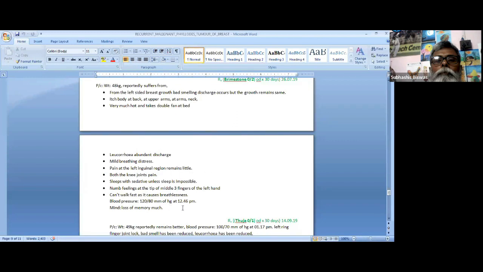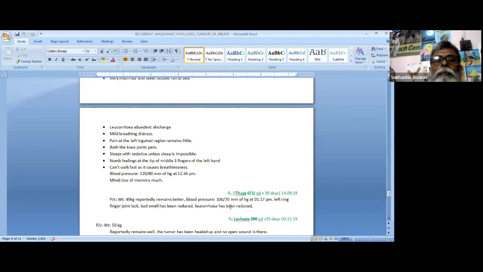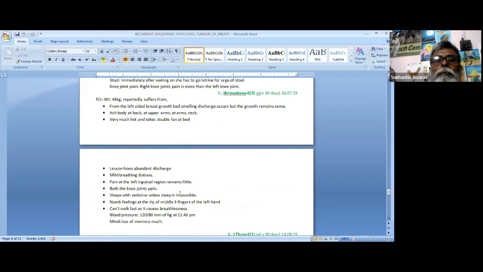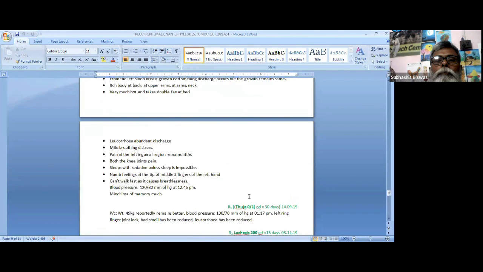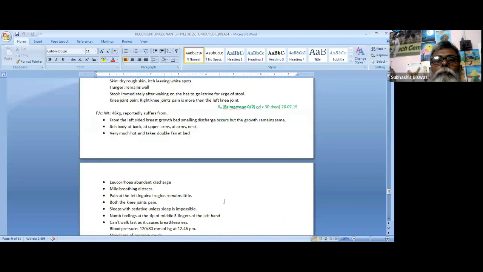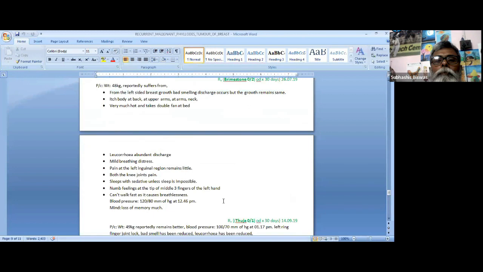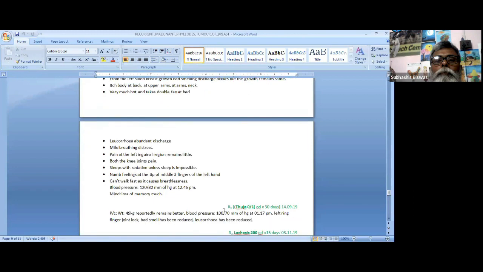Blood pressure 120/80, and here I tell you, I became confused at that time. What should I do when I see the leukorrhea again become abundant? I don't know. It was a mistake, or at that time I felt I was in doubt. What is actually happening in the case?